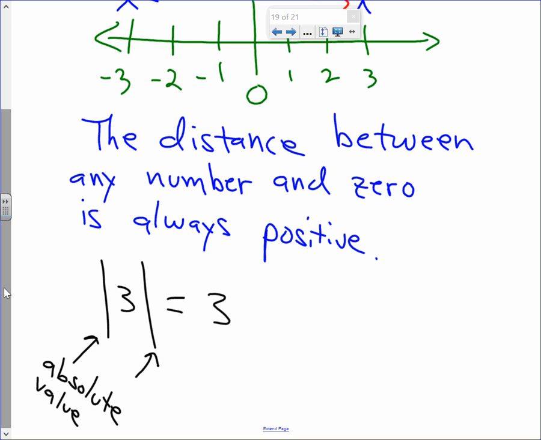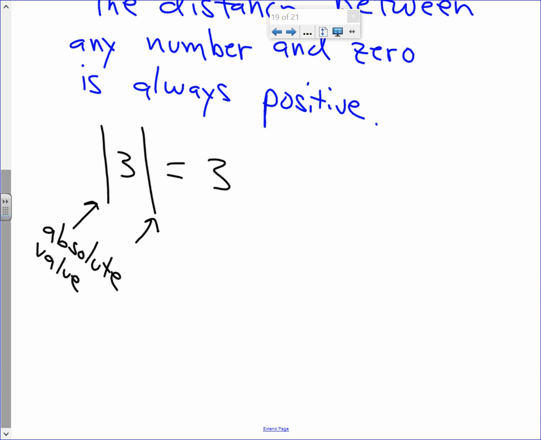Well, the thing is, I'm trying to drive home the concept that distance between any two objects in space is always positive. It's never negative. Well, how many miles is it from here to your house? It's positive, though. That makes sense?